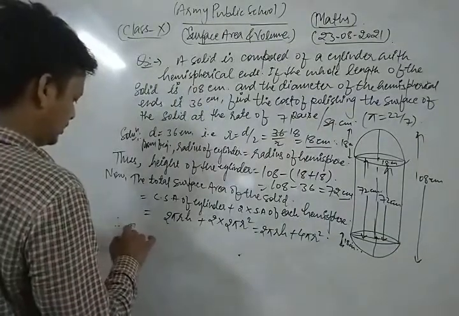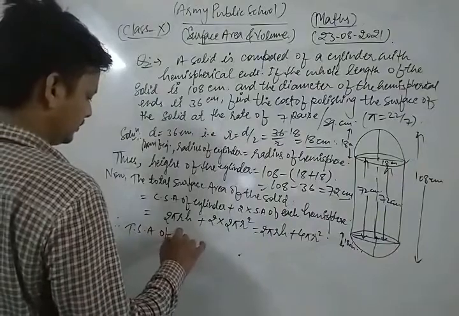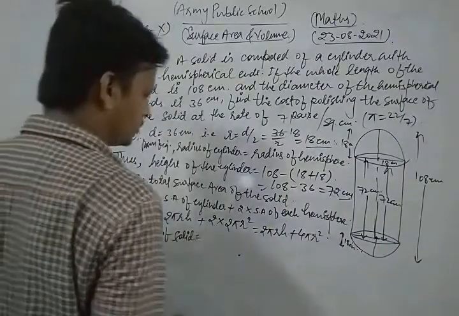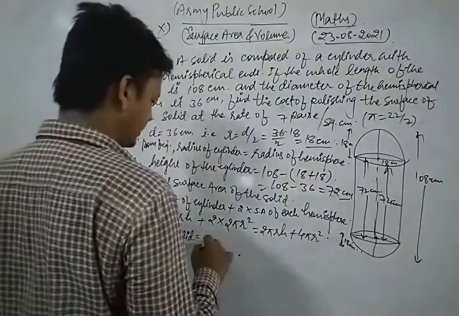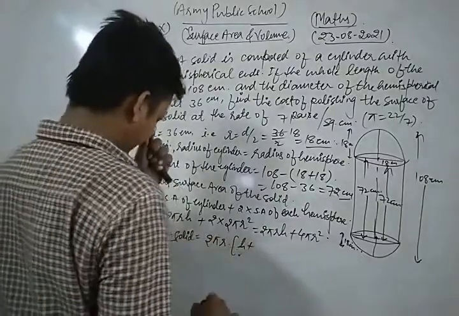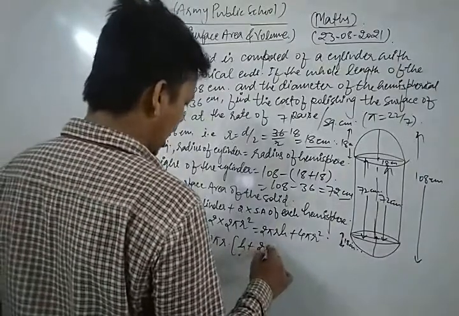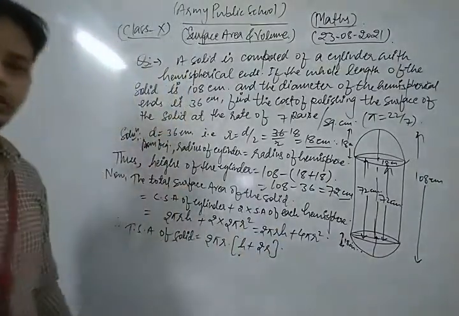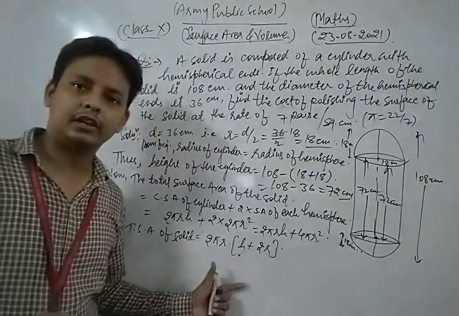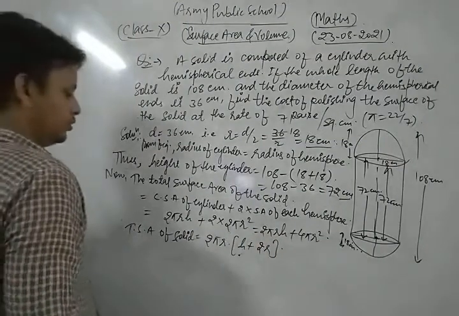Taking 2 pi r as common, we get 2 pi r into (h plus 2r). Now we put all the values in that formula.